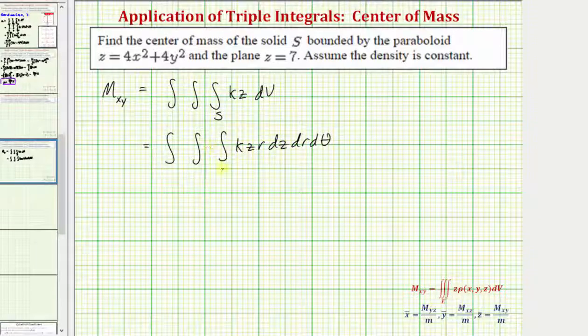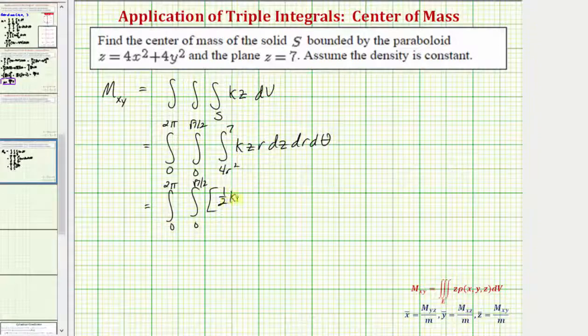So for z, we integrate from 4r squared to 7. For r, we integrate from 0 to the square root of 7 divided by 2. And for theta, we integrate from 0 to 2 pi. And now we integrate this back to z, treating k and r as constants. So we're going to have kr times z squared divided by 2, or 1/2 kr z squared.